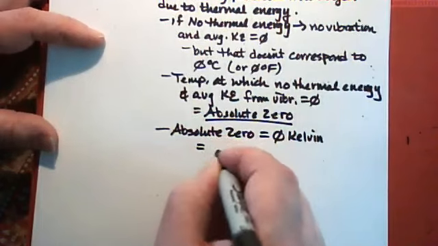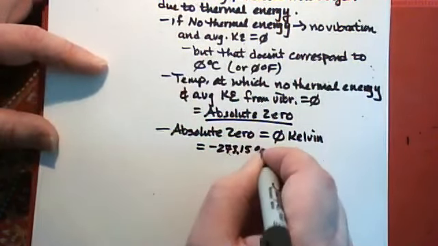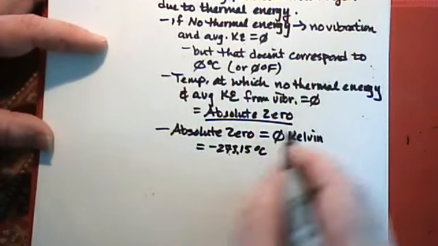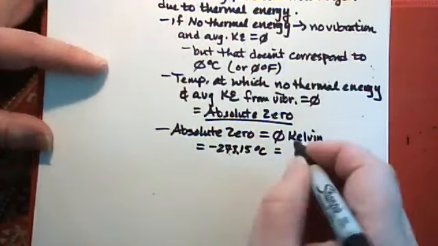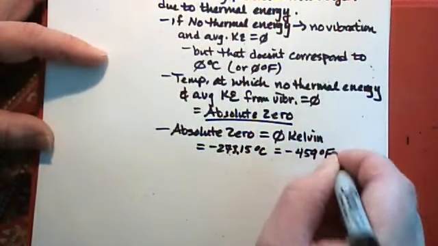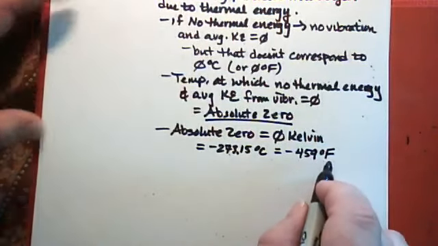And it's also equal to negative 273.15 degrees Celsius. So that's pretty cold, although Americans might appreciate this next number even more. It's negative 459 degrees Fahrenheit.